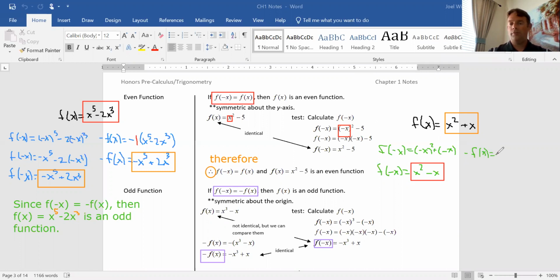If we take our f of x function and multiply the whole thing by the negative, we have negative f of x equals negative x squared minus x.